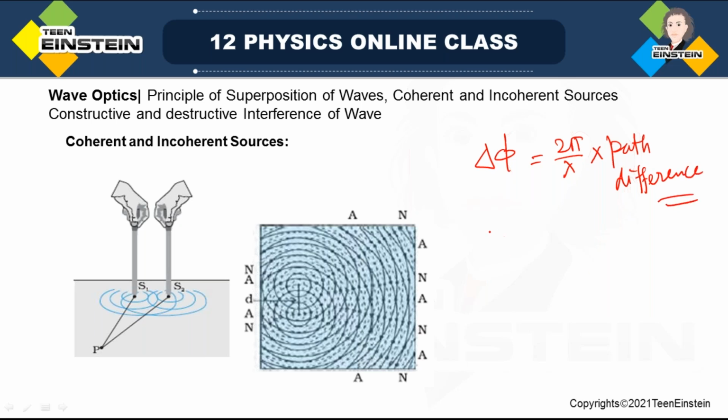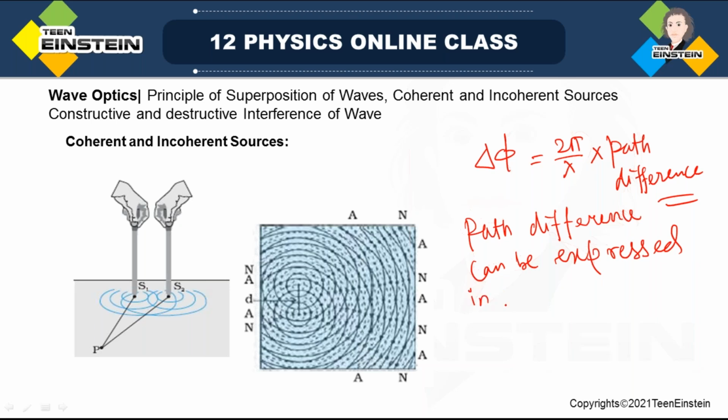Path difference can be expressed in terms of wavelength, that is lambda.